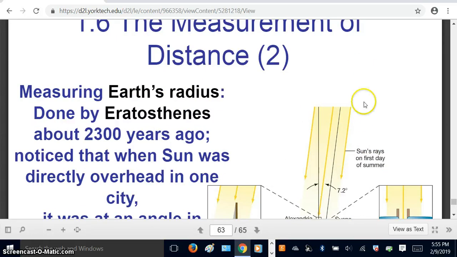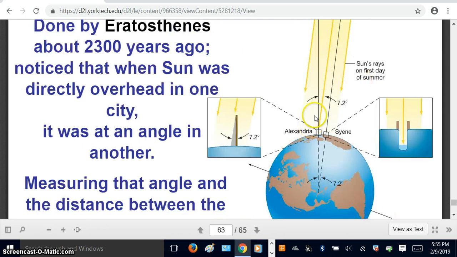He used geometric arguments, the fact that the sun is so far away that the rays of light were parallel. So the sunlight that hit Alexandria and the sunlight that hit Syene, he had to measure the angle, of course, on the same day. And of course the ancients knew very well when the longest day of the year was.